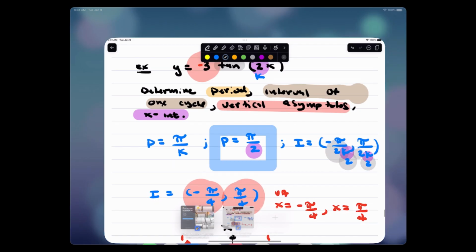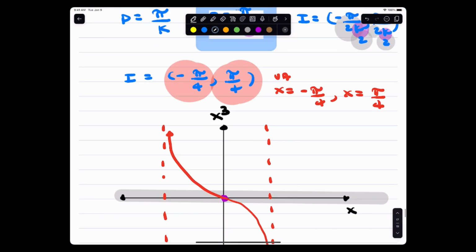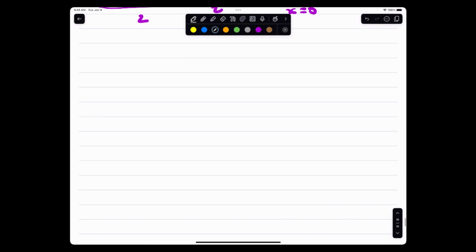All right, so now if I said to you, well, let's try this example. Okay, they give you y equals maybe 1/2 tangent of negative pi x. And you go, oh no, what if they did that?